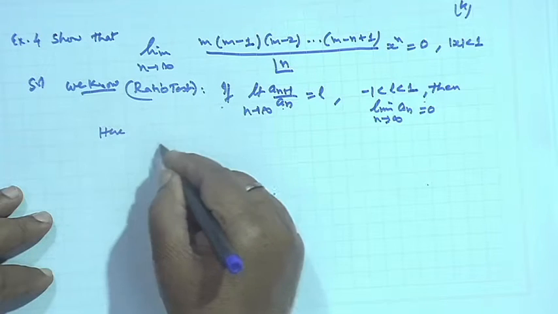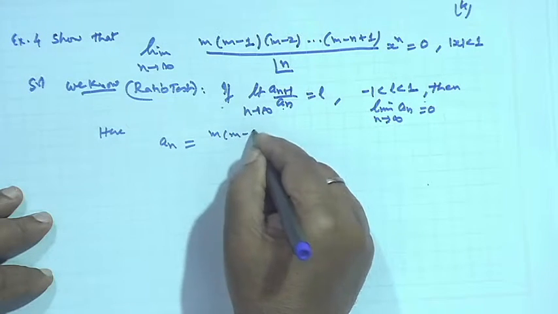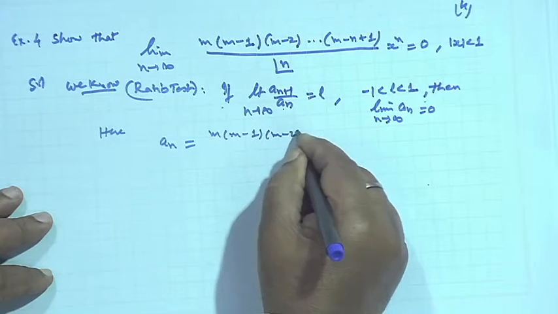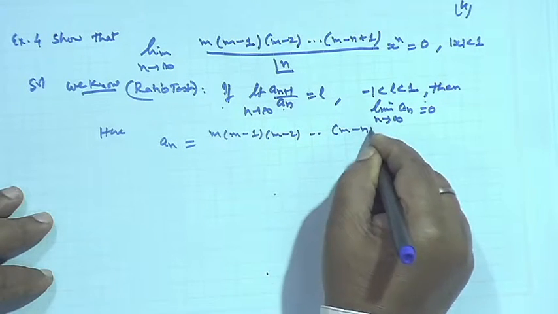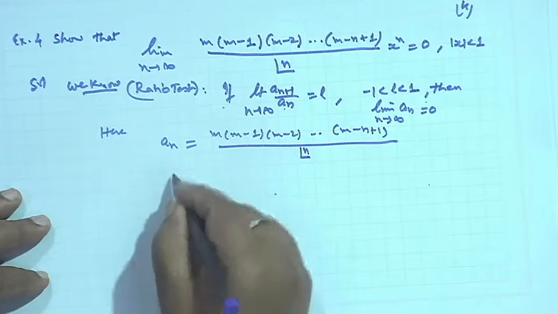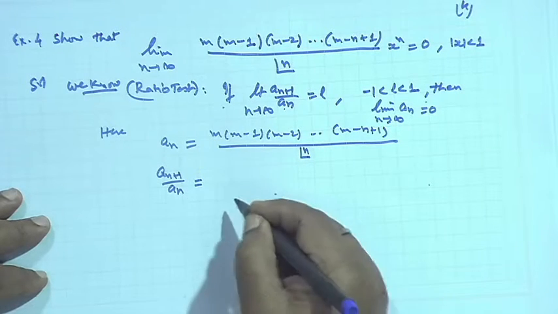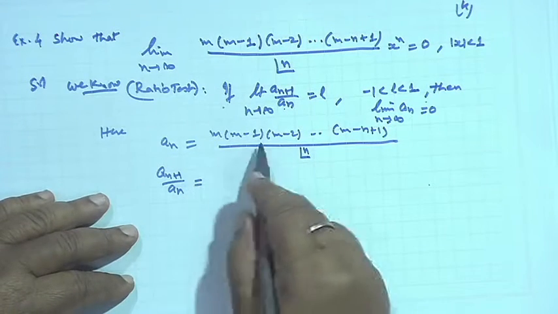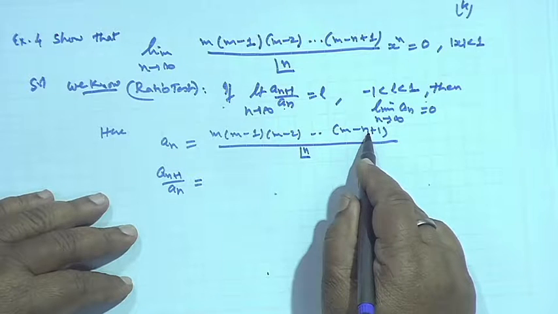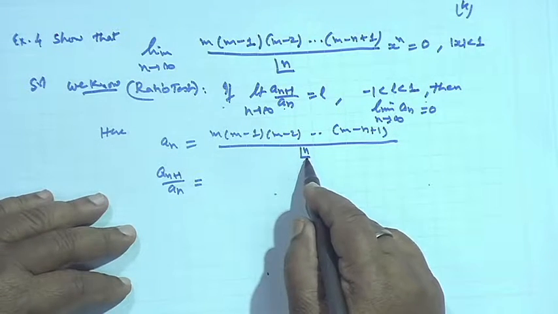If I choose a_n to be m(m-1)(m-2)...(m-n+1) divided by factorial n, then a_(n+1) has the last term m-n, and factorial n+1 in the denominator.